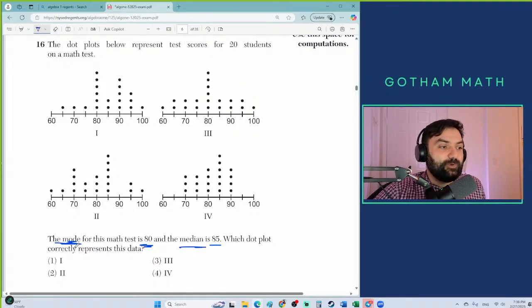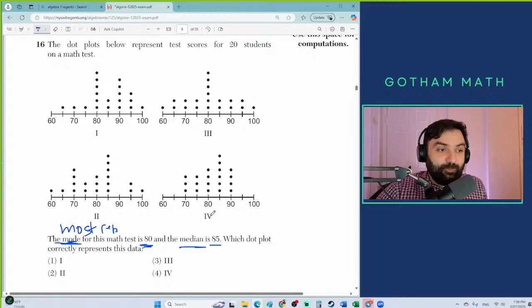All right, so what is mode? Mode is the number that is repeated the most. I personally remember the word mode by associating it with the word most, meaning most repeated. So where is 80 most repeated?